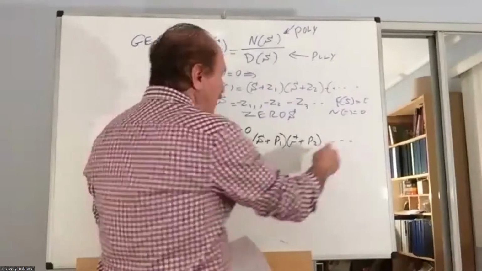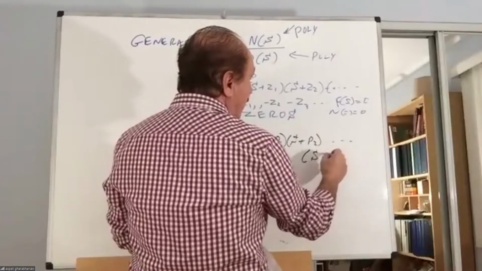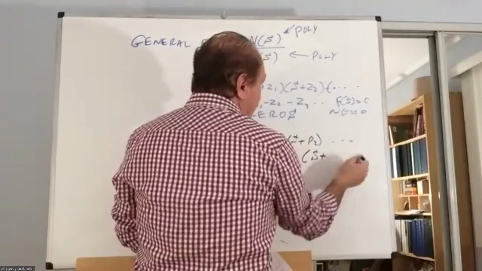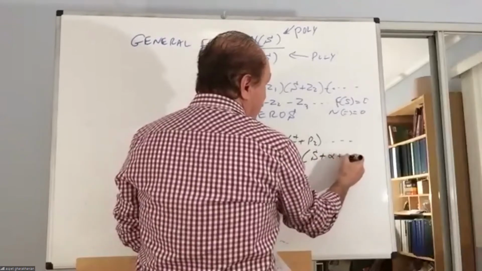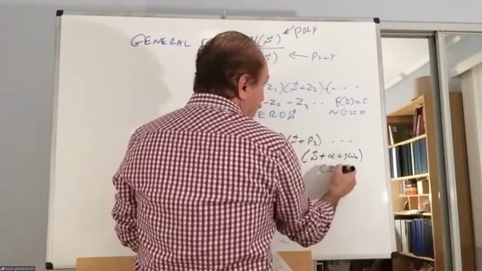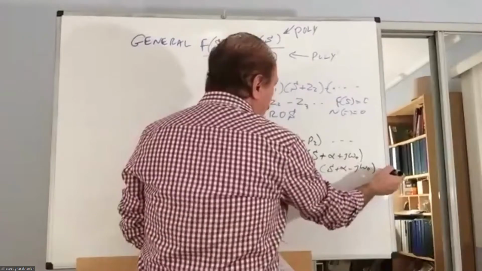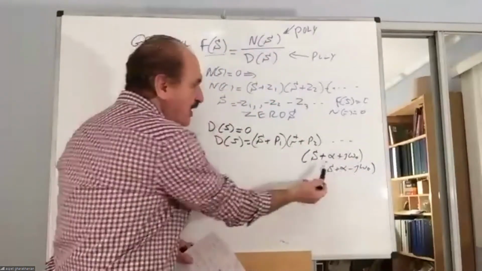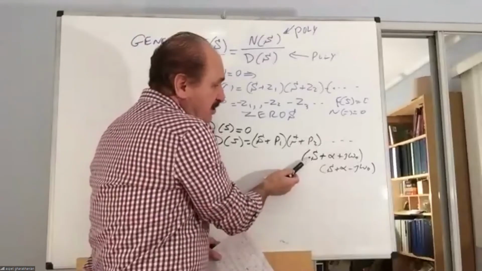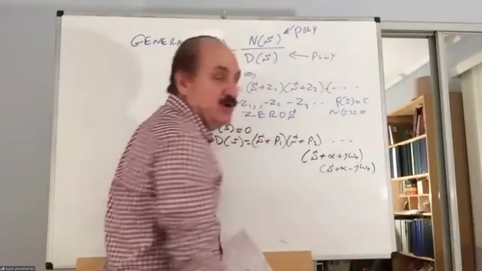For example, you may have a situation where there will be an s plus alpha plus j omega O, and another one, s plus alpha minus j omega O, and so on. They could exist within all of these poles. When you multiply these two together, you'll get a quadratic with all real coefficients.